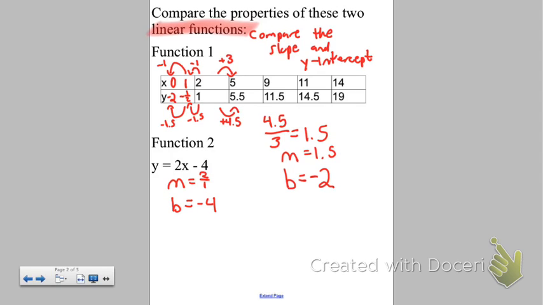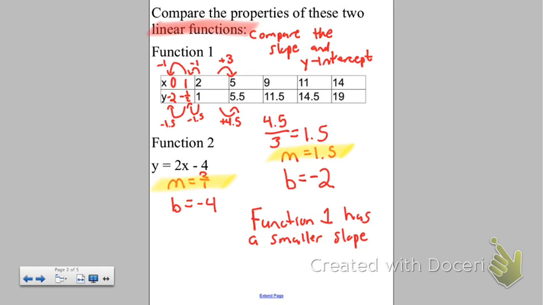Now, I'm just going to compare the two functions. So I can just say function 1 has a smaller slope. It's smaller because my slope for function 1 was 1.5 and my slope for function 2 was 2.